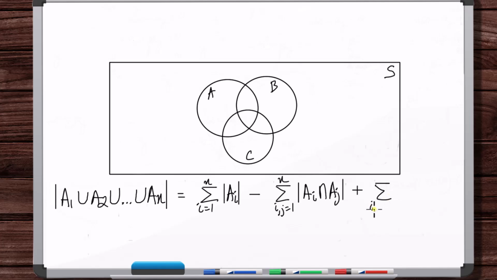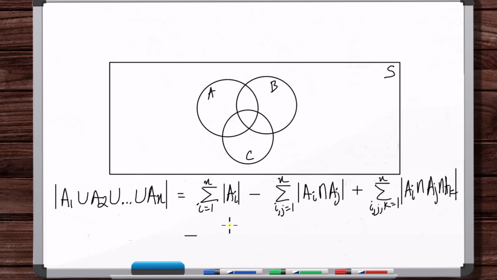So this would be I, J, K equal to 1 to N, and you do A_I intersection A_J intersection A_K. And there's going to be N choose 3 of these total. And you just keep alternating this pattern.